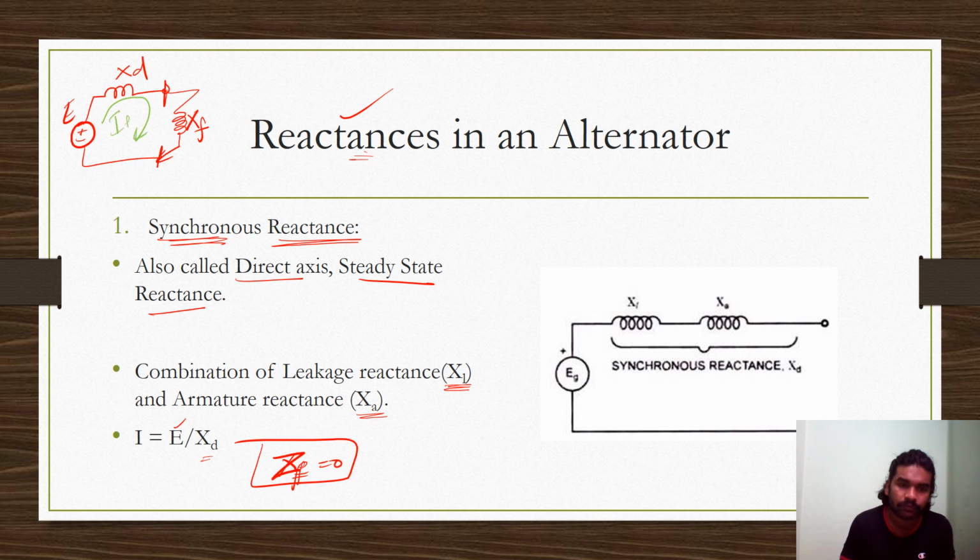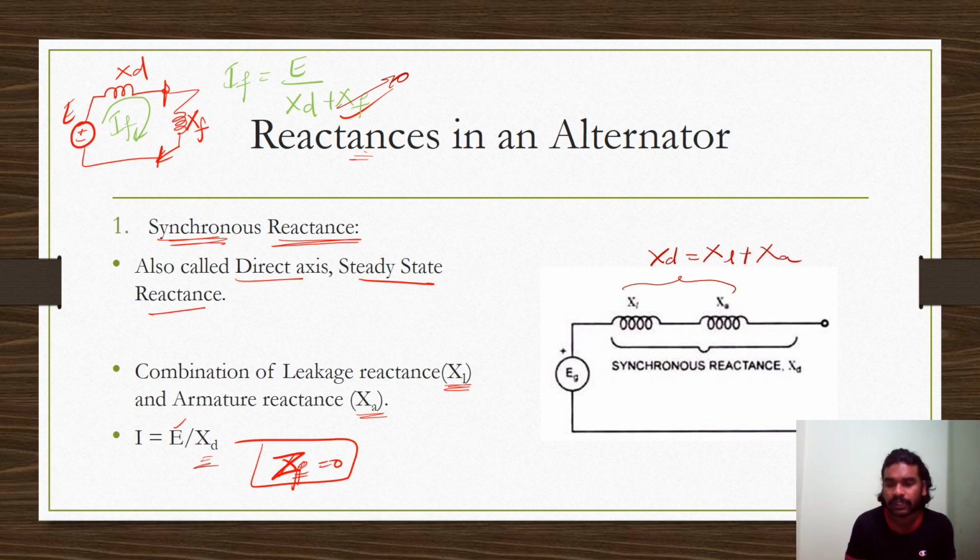You get a fault current. We can define fault current as E by Xd plus Xf. Now our assumption is that Xf is equal to 0. Therefore, E by Xd is going to be your current, and Xd will be equal to winding leakage reactance plus armature reactance.